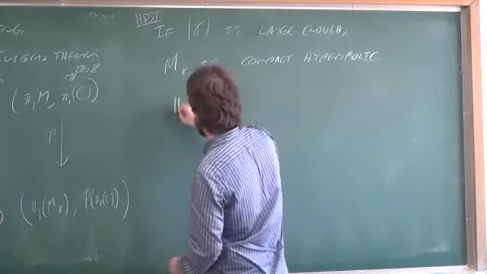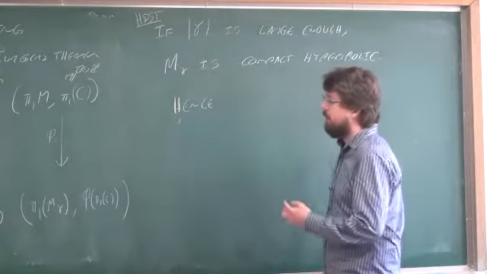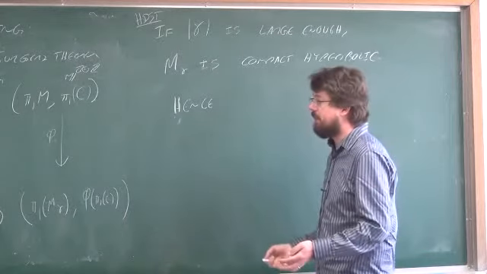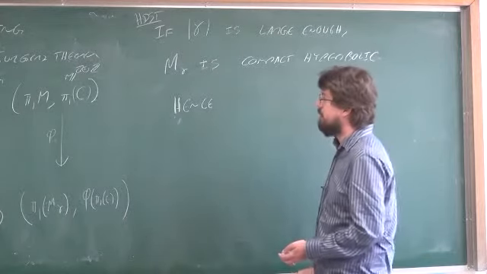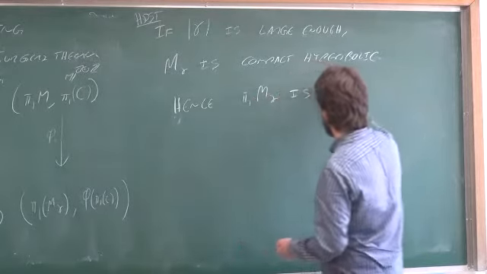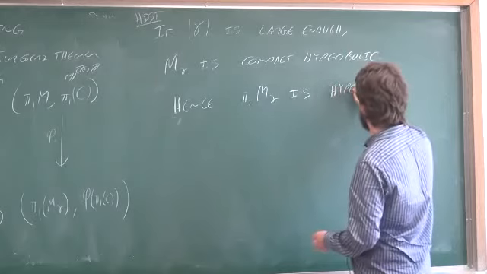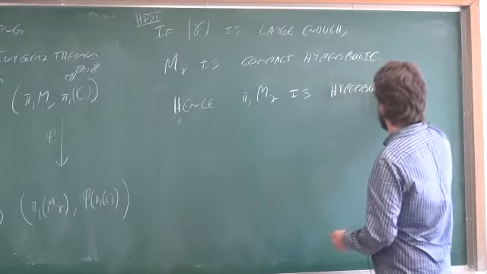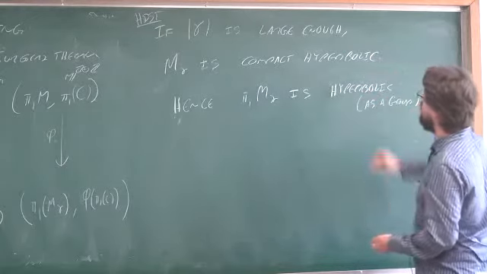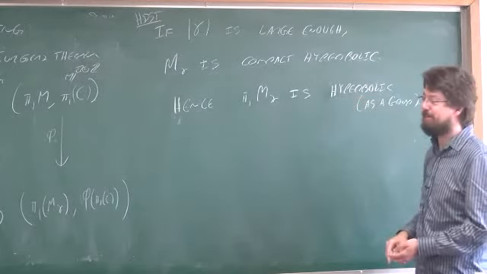So hence, well, the fundamental group of M_gamma is acting properly cocompactly on H3. That's a delta-hyperbolic space. So it says that pi1 of M_gamma is a hyperbolic group. So this hyperbolic means hyperbolic as a manifold, and this hyperbolic means hyperbolic as a group.